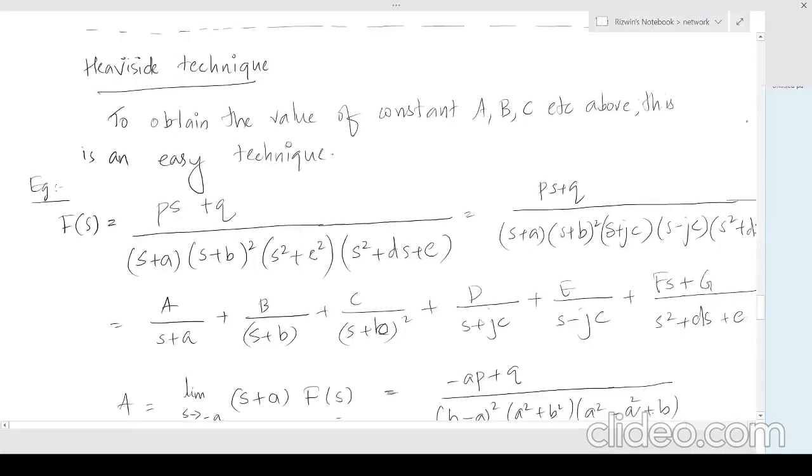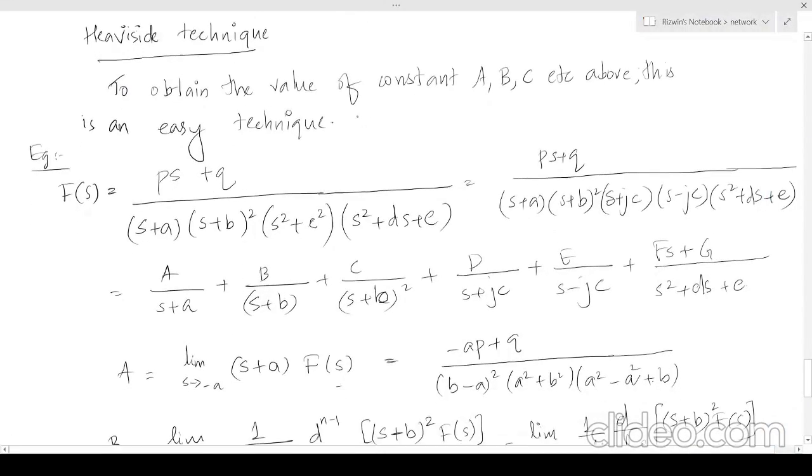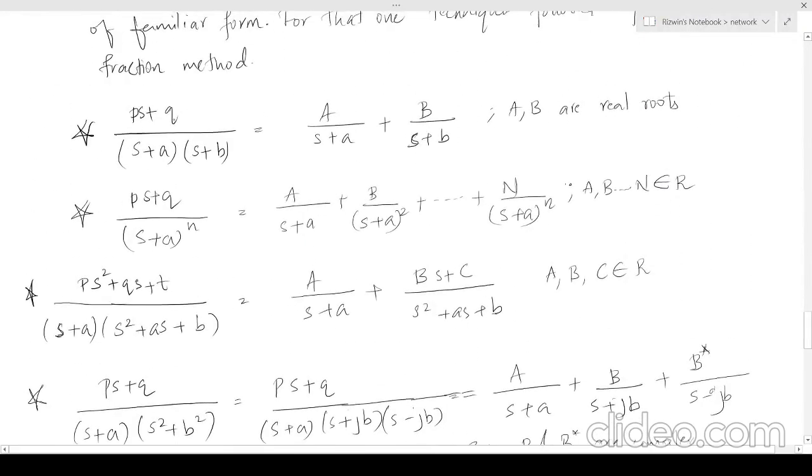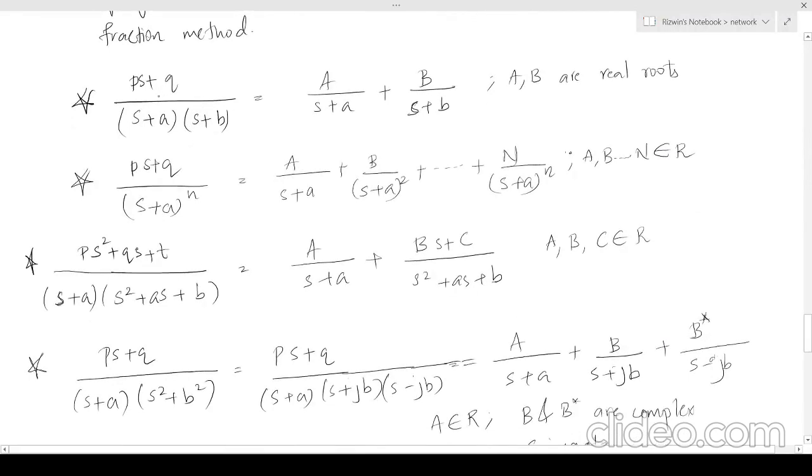we already discussed a few forms of having the Laplace equation and discussed the partial fraction technique so as to split these equations.